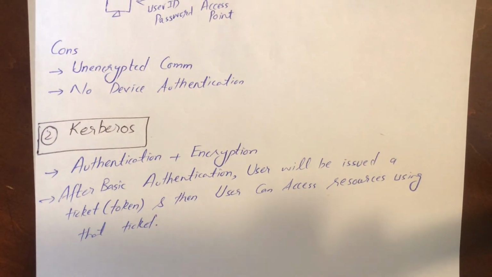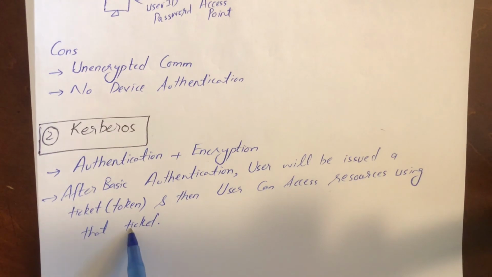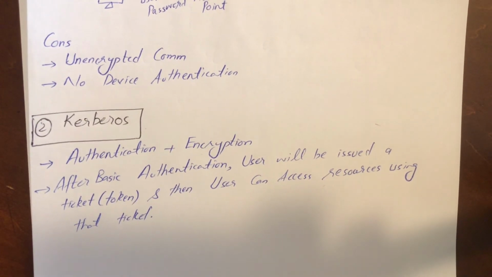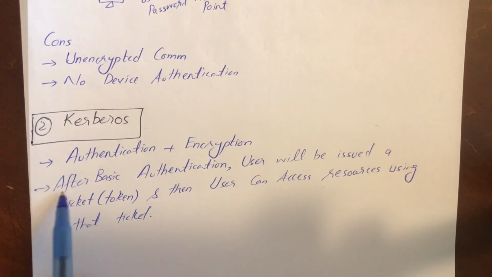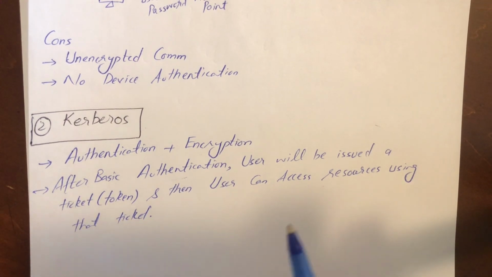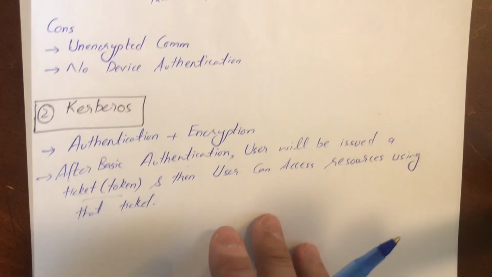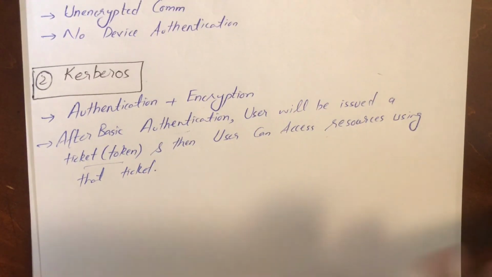For example, if you go to Disneyland, you pay an amount and you get a ticket. You just have to present that ticket or token and you can take any ride. Exactly the same way in Kerberos. Once you do a basic authentication, username and password, you will be issued a ticket. You can show that ticket to Hotmail, Clawmail, D2L, and then you can access those resources. This is how Kerberos actually works.